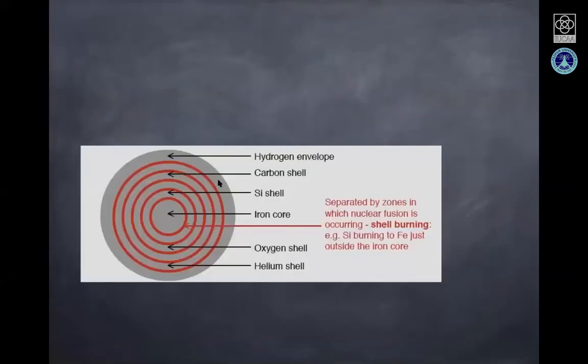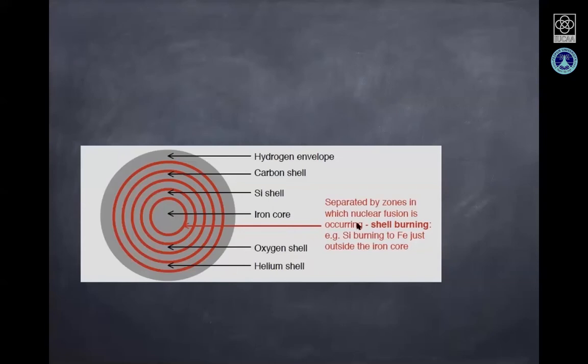The whole star acquires what we call an onion shell kind of structure. So the core has produced iron. Right around that, you'll have silicon, then oxygen, then carbon, then helium, and at the very outer layer there will be hydrogen, right?